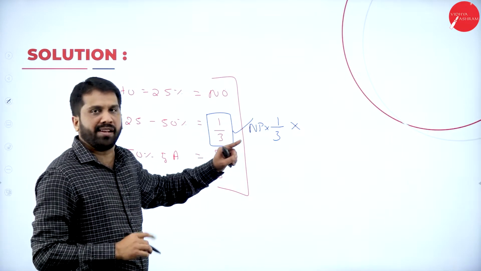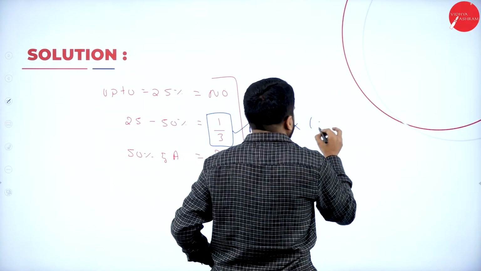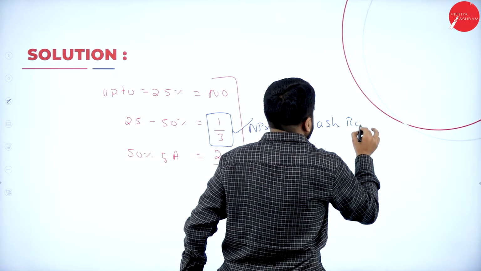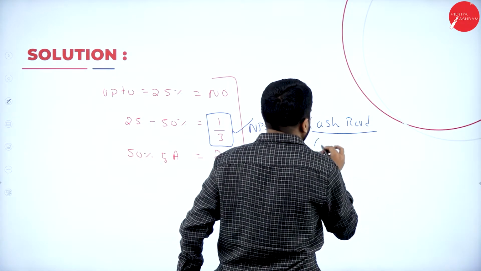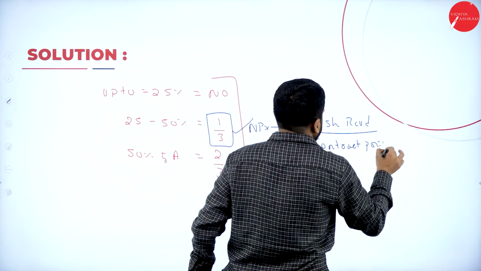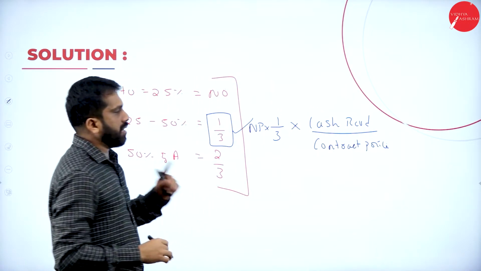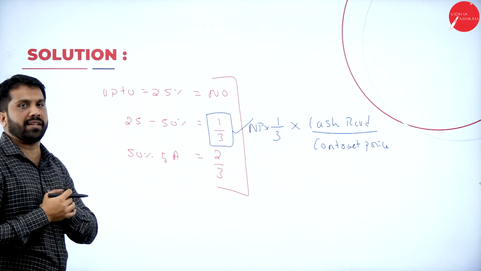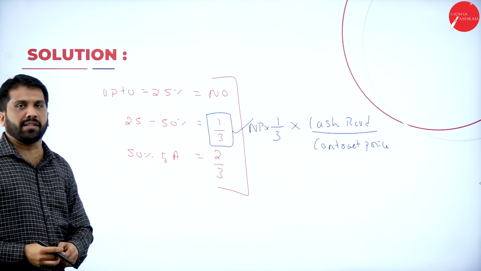into 1 by 3 into cash received divided by contract price. What is the cash received in this?